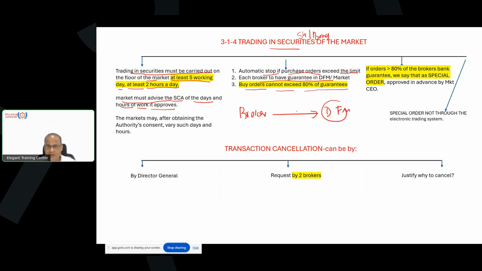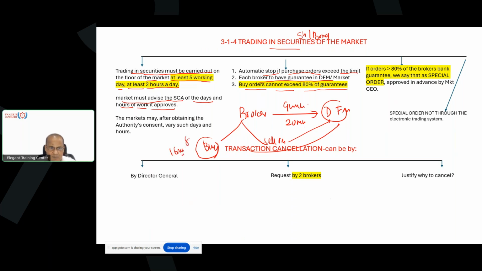So there is a guarantee. Let's say 20 million guarantee. Now as a broker posting buy orders and sell orders. These buy orders, sell orders are going to market, yes or no? Yes. So the buy orders cannot exceed 16 million.